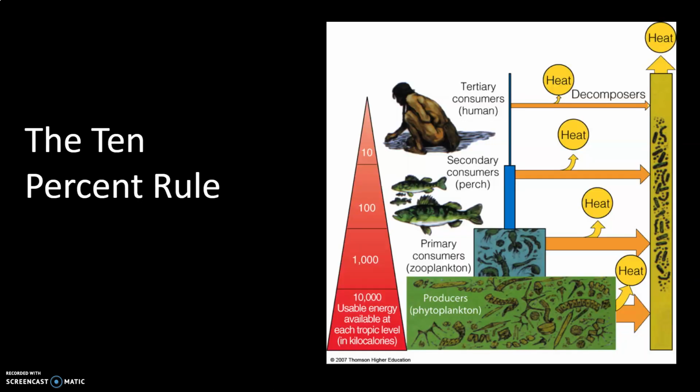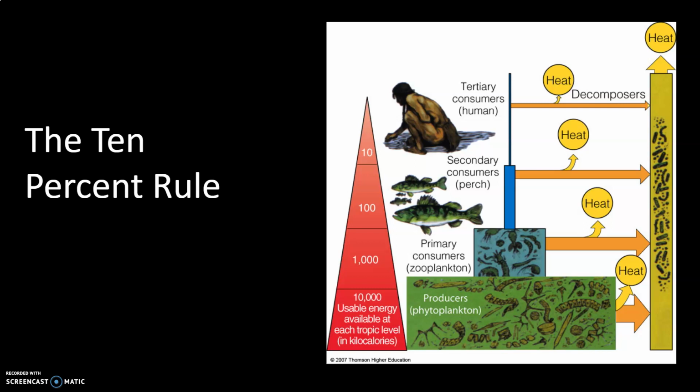10% rule. This goes to the food chain or pyramid, and we already talked about the different levels. Generally speaking, this isn't exact, but generally speaking, each time you bump up a level of the food chain, going from primary producers to primary consumers, you're only able to keep about 10% of the energy that comes through.